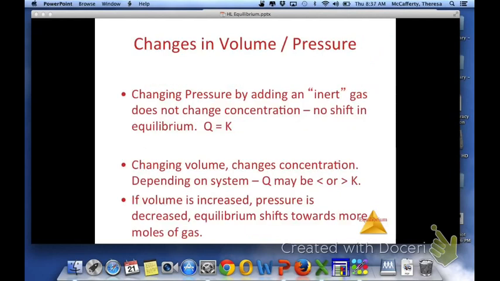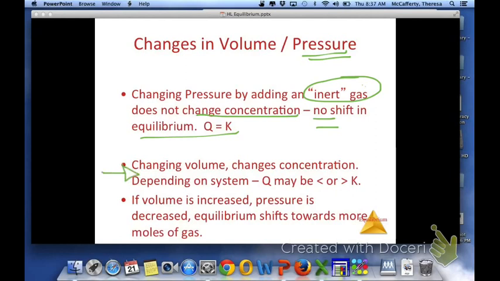Interestingly enough, and this is kind of important to remember, if I change the pressure by using an inert gas, I do not change the concentration of any of the gases currently in that system. So there is no shift in the equilibrium if I change the pressure of the system by adding an inert gas.